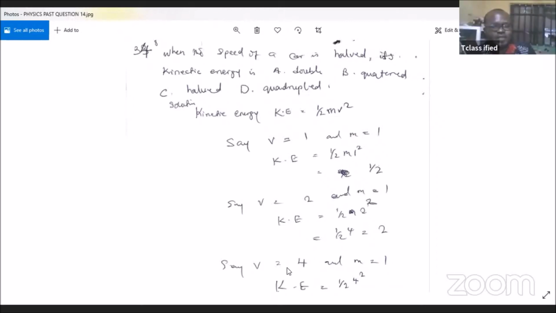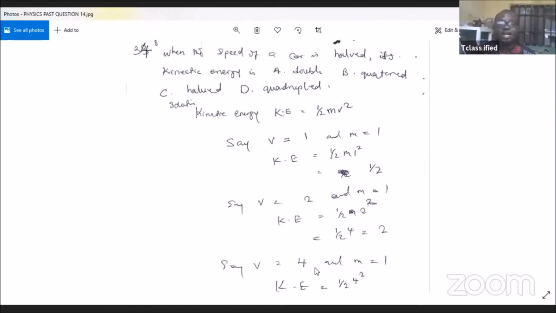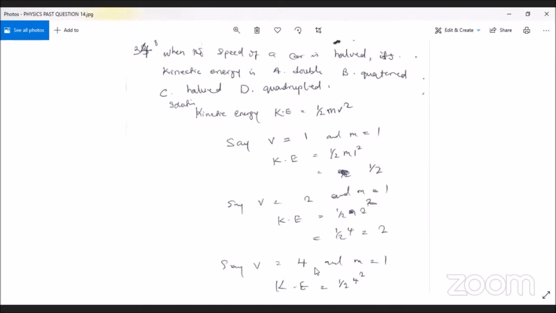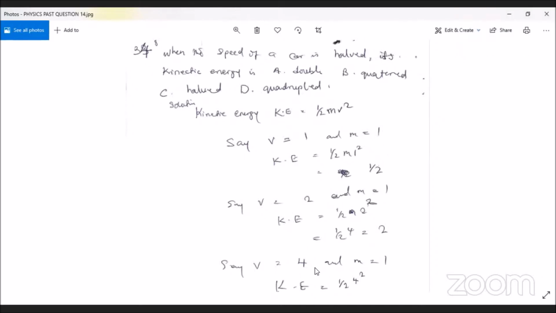So if you say that V is half, you can also assume that it has moved. Is 2 the half of 4? Yes. Is 1 the half of 2? Yes, it is. Good.